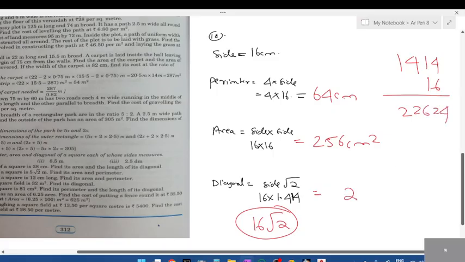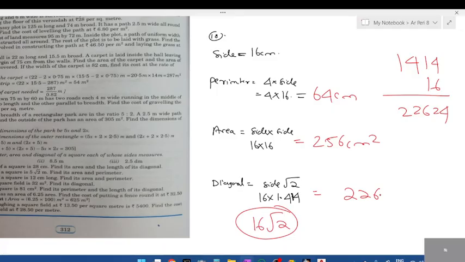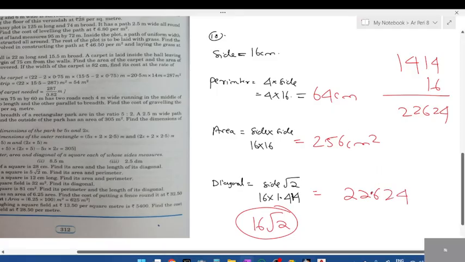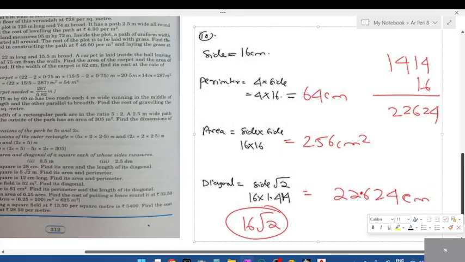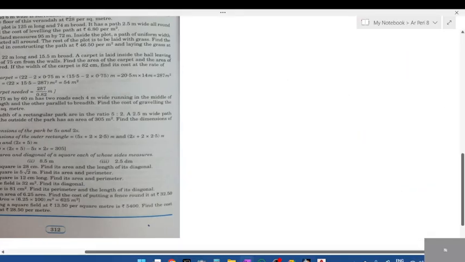How many decimal numbers are there? Three. Just place the three decimal numbers. So 22.624 centimeters. Don't calculate with the decimal, you'll get confused.